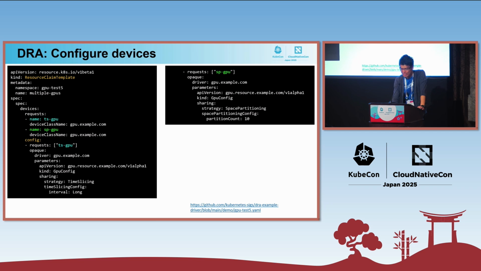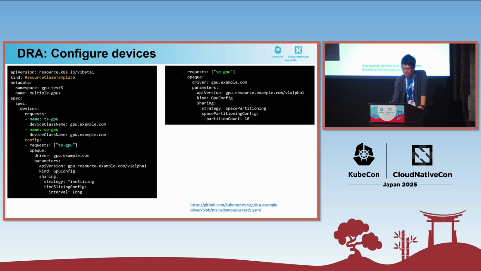You can also pass parameters to devices. This is an example of resource claim templates with configuration. In previous examples, resource claim templates are simple. They just required one single device. But this example requests two types of GPUs, sharing in time and sharing in space.